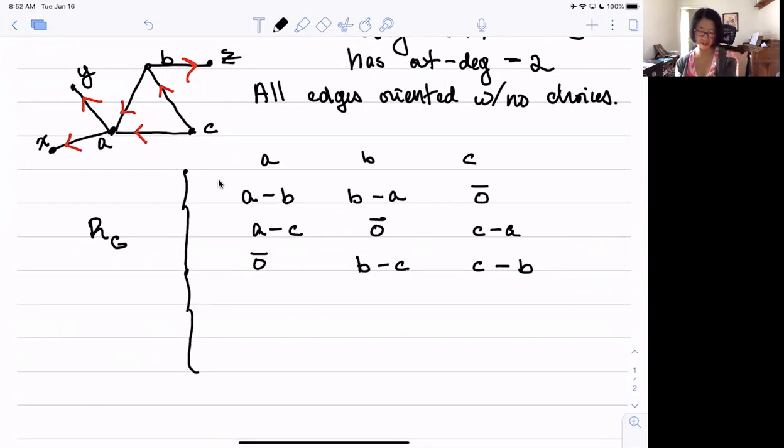And then with the tie down, I need to add 3 more rows. I've put 2 tie down bars at vertex A. So I get things that look like A minus X, and then 0, 0, and A minus Y, 0, 0. And then the last tie down bar is just at vertex B. So I get 0, B minus Z, 0.